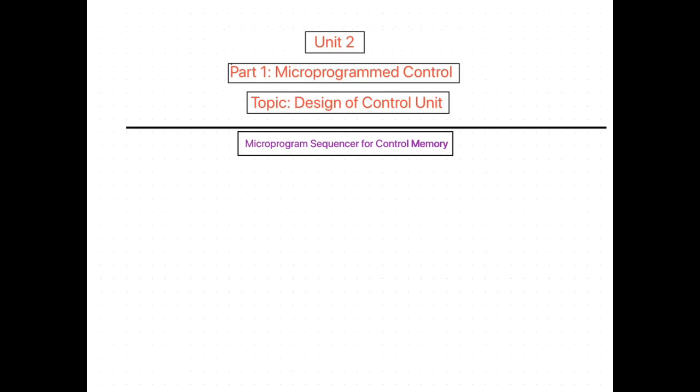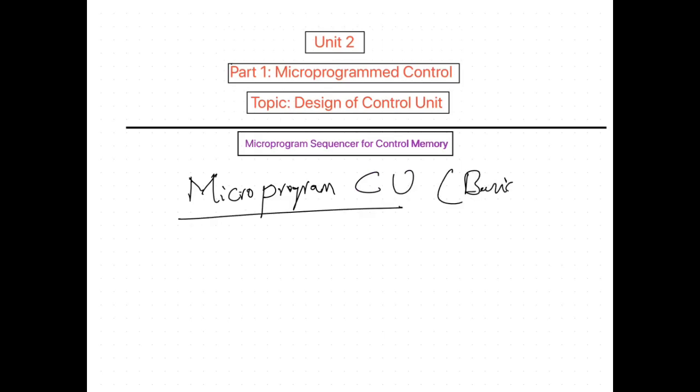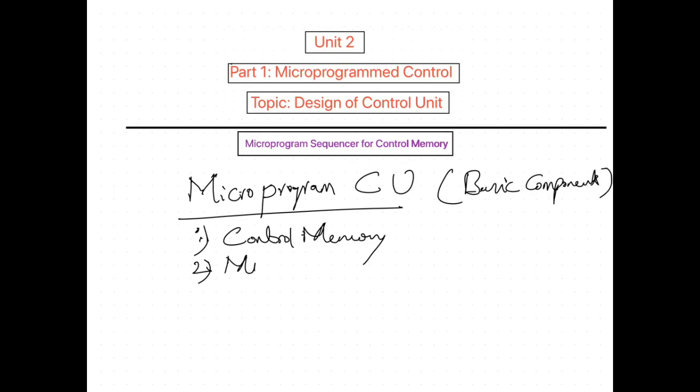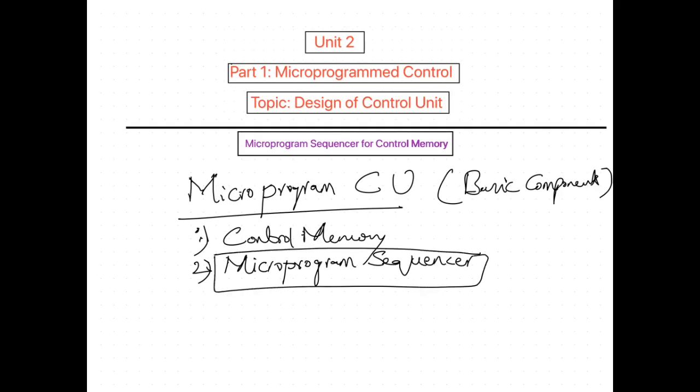The basic components of a microprogram control unit are, very important, first, control memory, and second, the microprogram sequencer. This is the main component which we are going to discuss in this video.